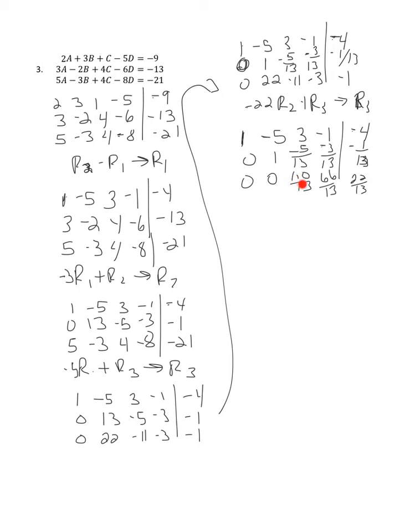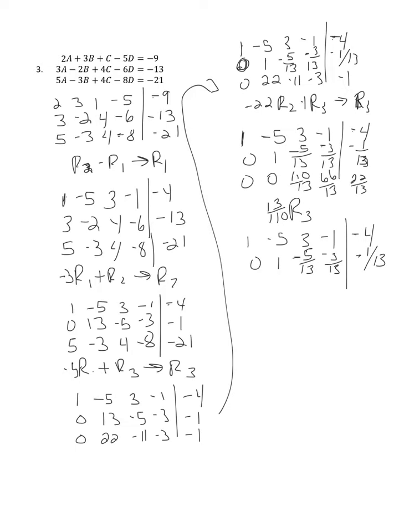So now I need this spot to become 1. So I'm just going to multiply row 3 times 13 over 110. Okay, the top 1, -5, 3, -1 is -4. 0, 1, -5 thirteenths, -3 thirteenths, -1 thirteenths.